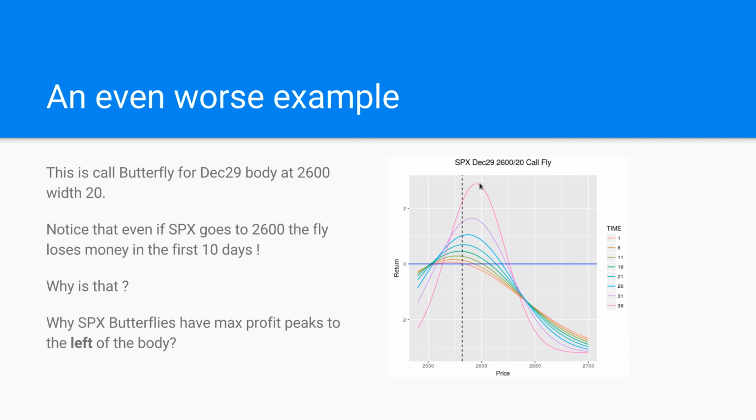This is the 36th day, and it's not even at 2,600 yet. So basically, it only happens at the body in the last couple of weeks or the last week of life of the butterfly, which, as I mentioned before, you don't want to hold at that time. You want to be out of the butterfly at that time.